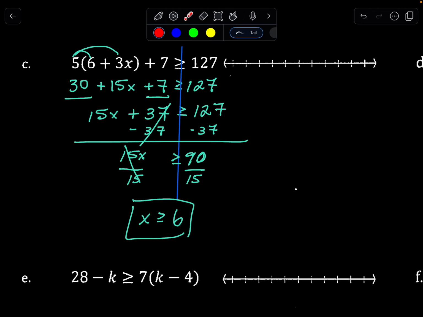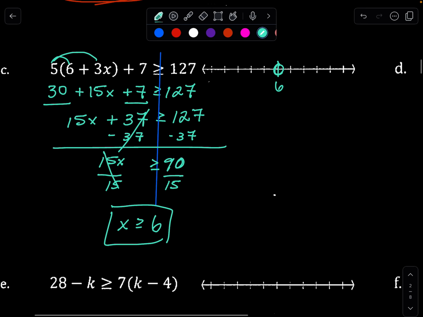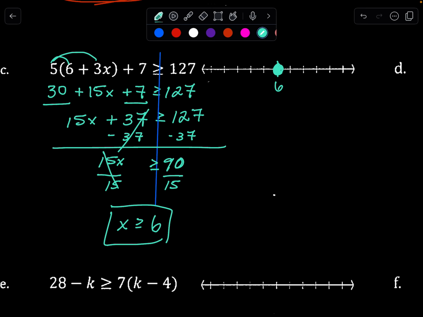Go to your number line, just like last time, right? Slap a 6 here. There is, as you guys can kind of see here, a line underneath it, or our inequality has an equal sign, so it's greater than or equal to. So we need to fill this circle, or this dot, and it's going towards the right-hand side of our number line, okay?